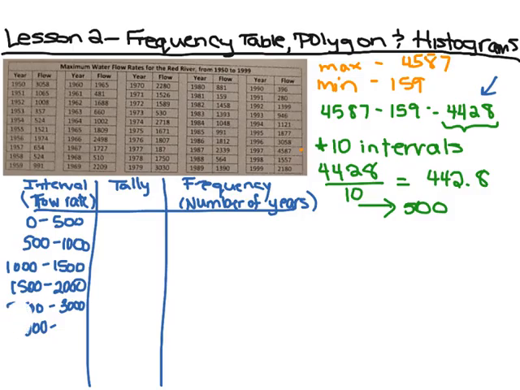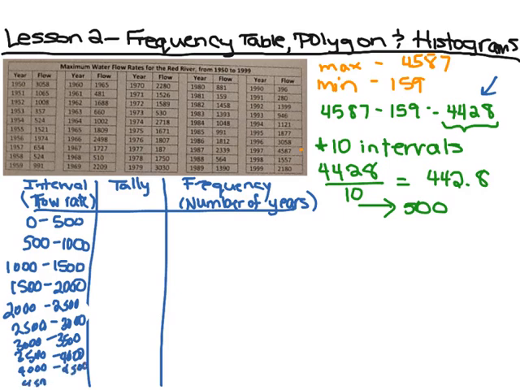Oh my gosh, I missed one. 2,000 to 2,500. 2,500 to 3,000. 3,000 to 3,500. 3,500 to 4,000. 4,000 to 4,500.